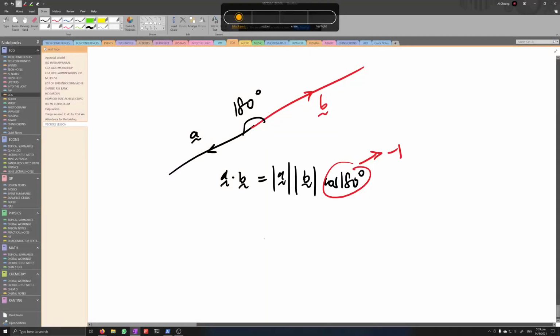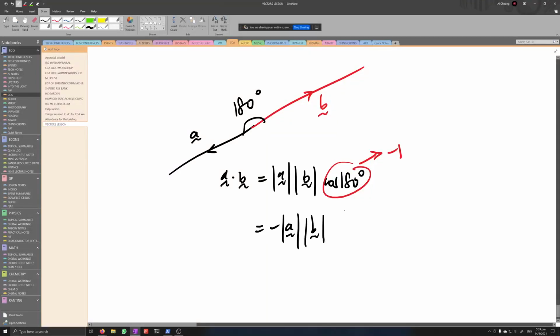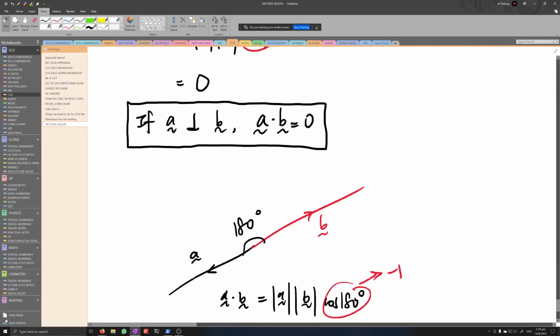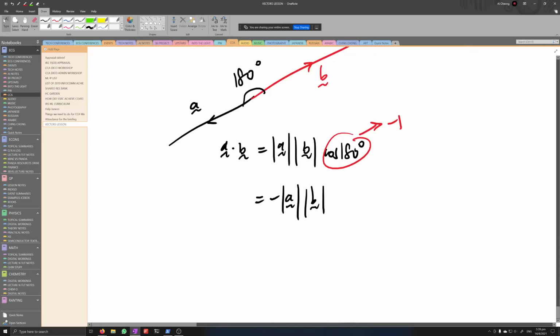So this will basically just give us negative mod A mod B. Okay?